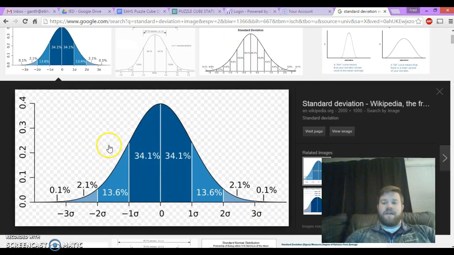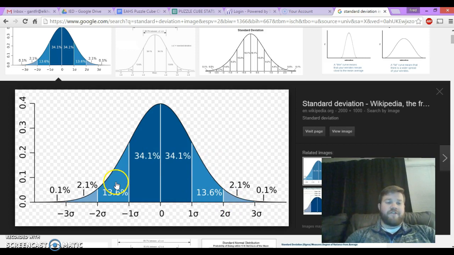As you can see, standard deviation tells us about what percentage of my parts or population, whatever I'm measuring, actually fits within the standard deviation. One standard deviation, you're going to get 34% this way, 34% this way.